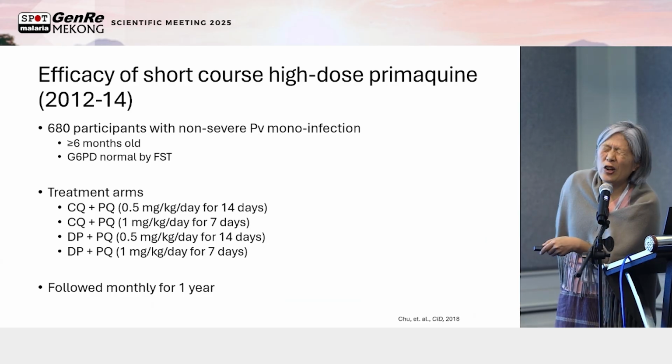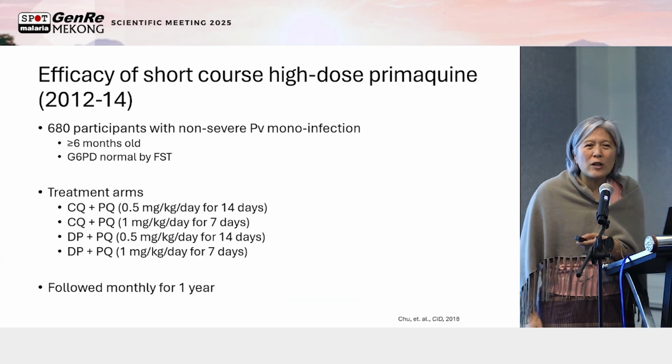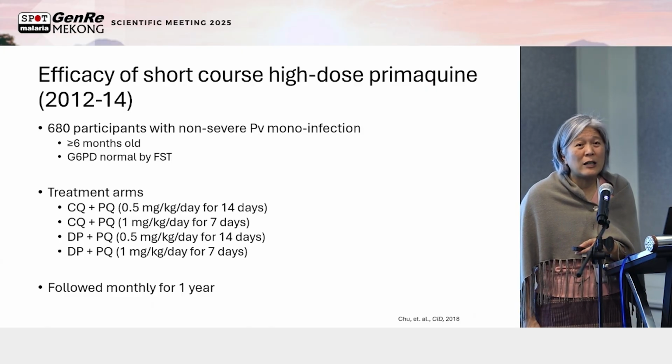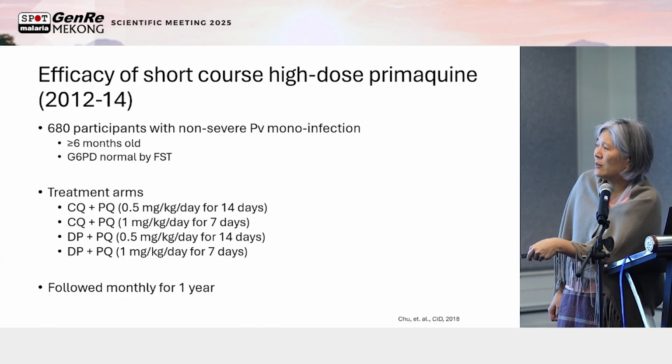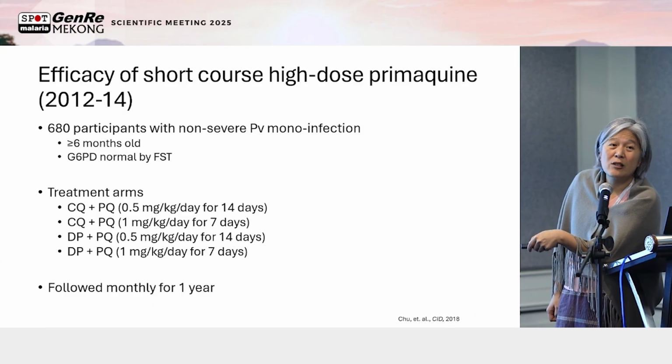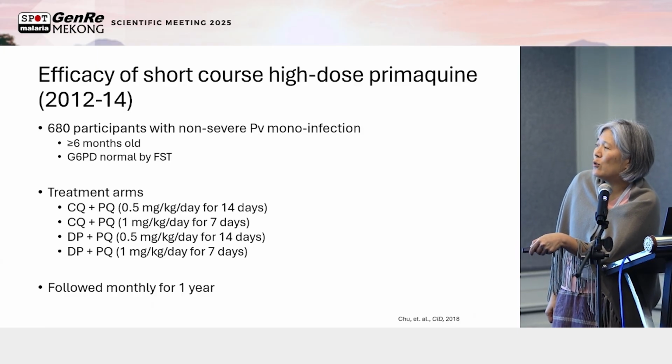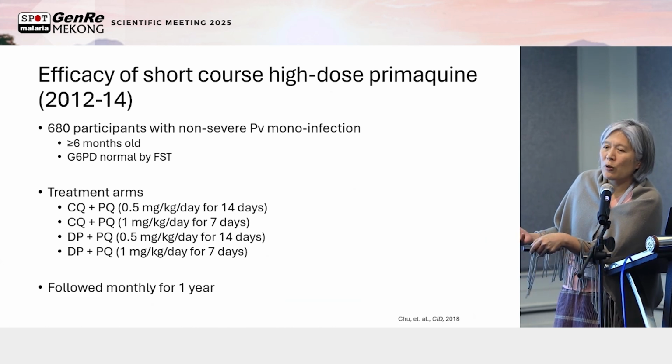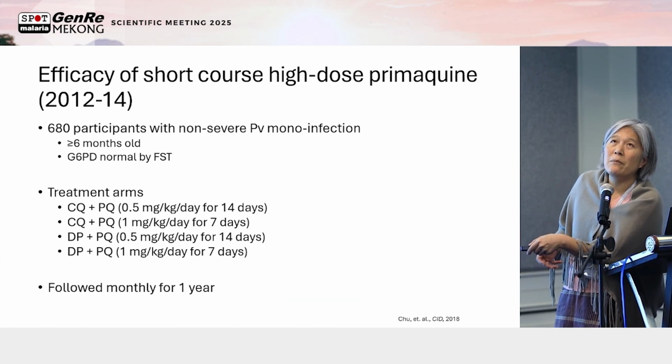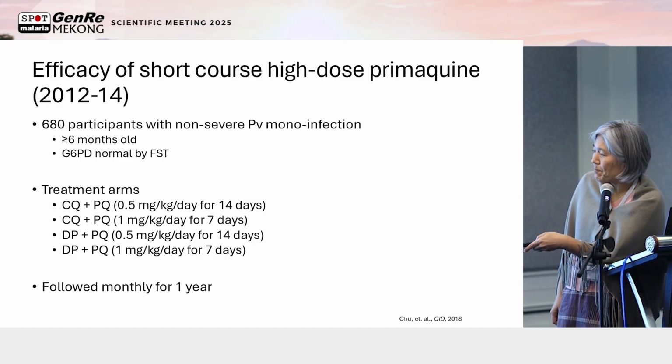Now you might hear people talking about short-course high-dose primaquine, the IMPROV trial. The IMPROV trial was based on this trial we call BPD, best primaquine dose. IMPROV used some of our protocol and the things that we did to modify their study.